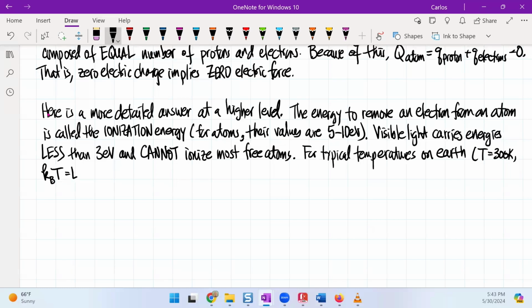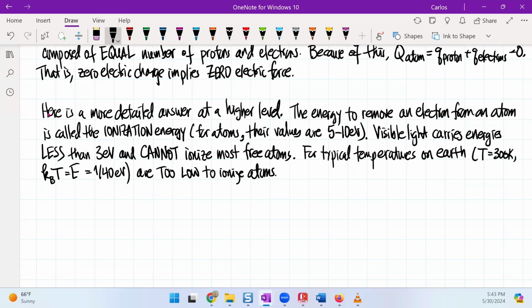This is essentially the energy at this temperature. This energy turns out to be about 1/40th of an electron volt. These energies are too low to ionize atoms. That's the main reason why objects are neutral to a high degree.